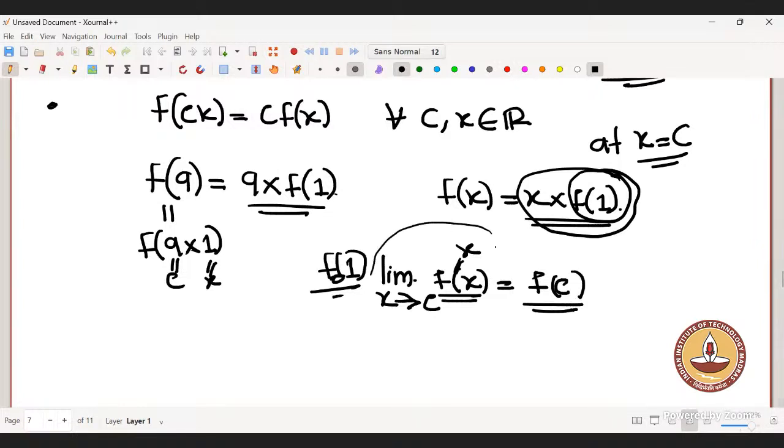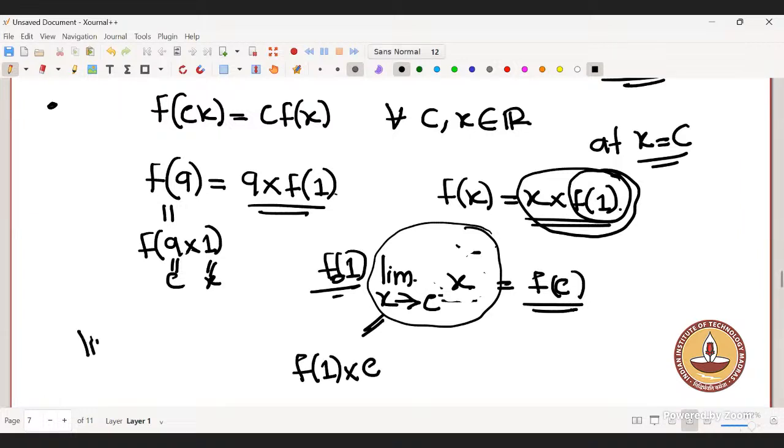This quantity is what? x, right? f of 1 times this. What is this? This is c, right? f of 1 times c. Limit x tends to c of x, what is this? This is c.